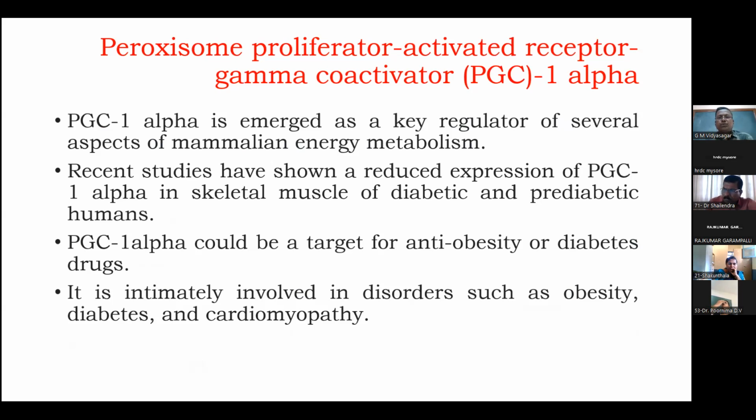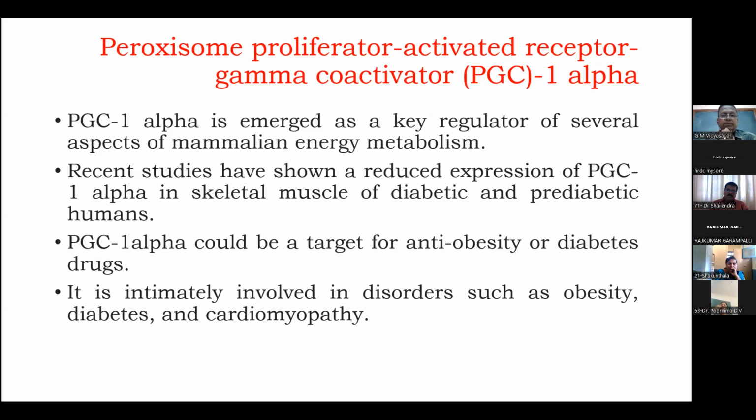Recent studies have shown reduced expression of PGC1 alpha in skeletal muscle of diabetic and pre-diabetic humans. So if the expression of this gene is reduced, then probably this is one of the important hints or signs that the person or the patient is going to have diabetic conditions.